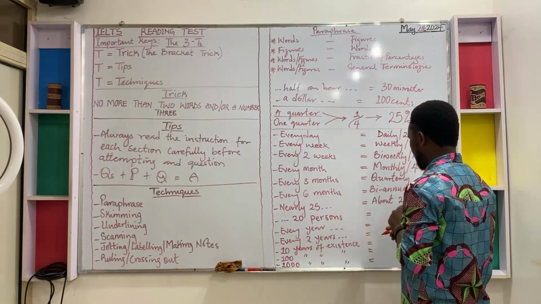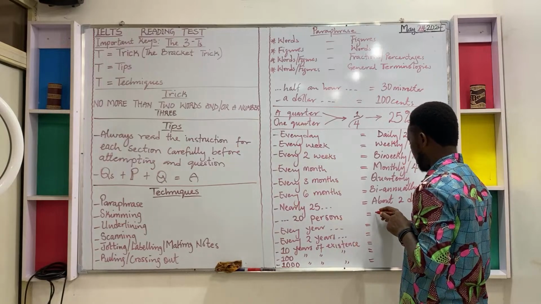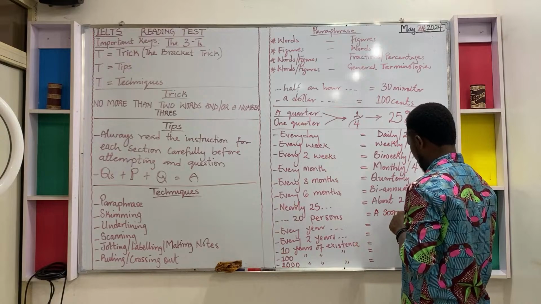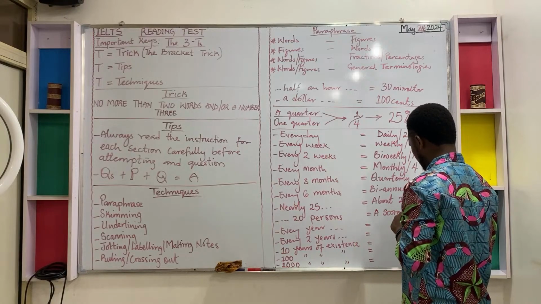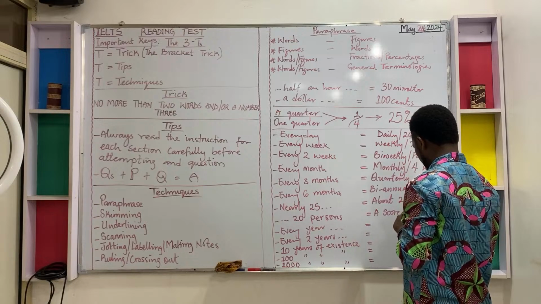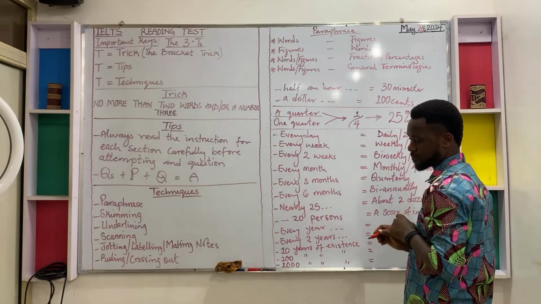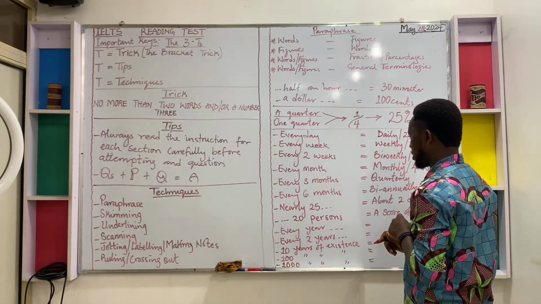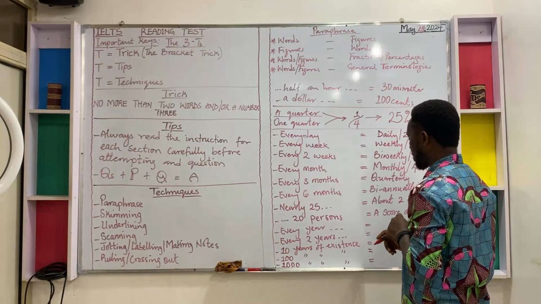20 persons. How might this be paraphrased? A score of individuals. Every year can be written as what?